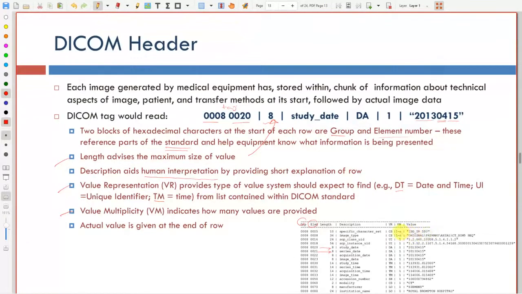For each one of them, if it's one, then it's only one value here. If it's two, then you might have more than one value. Same thing for image type. So basically, this would tell you how many values here to expect. And then at the end, you have the actual value itself, okay?